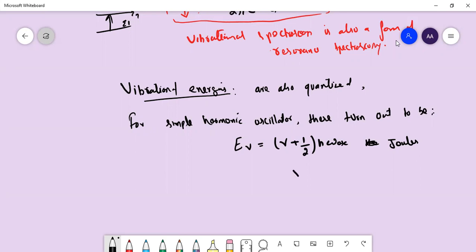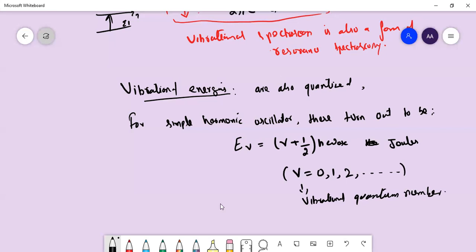This v is your vibrational quantum number, and its value will be 0, 1, 2, 3, 4, 5, 6, and so on. It can have any integer value starting from 0.